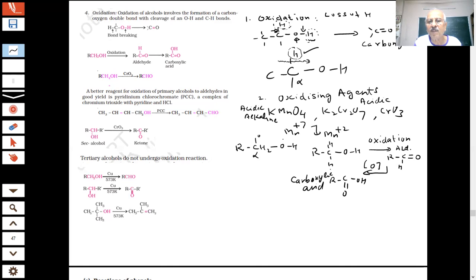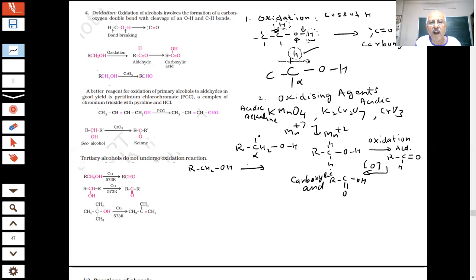So we will use some oxidizing agent which will stop the process at the aldehyde stage. We will tell you the name of that also, because that's important for the exam. So one thing is clear: this is my primary alcohol.